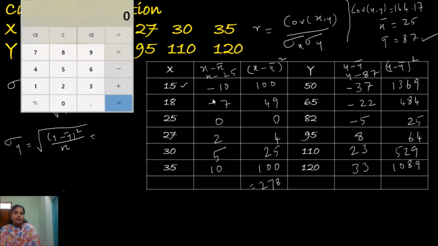When we add all these values, 1369 plus 484 plus 25 plus 64 plus 529 plus 1089, we get the total as 3560.